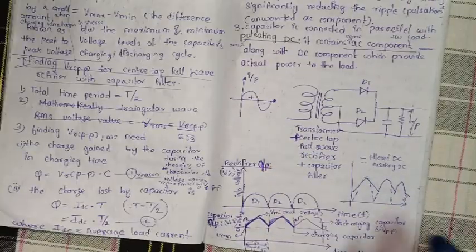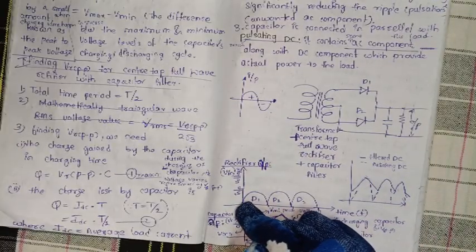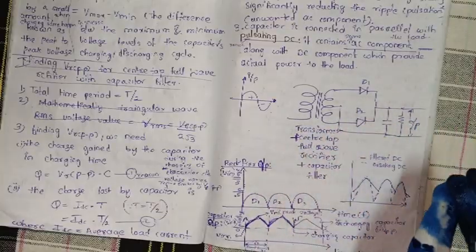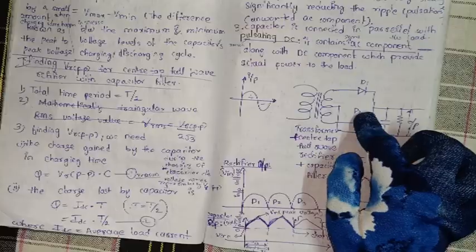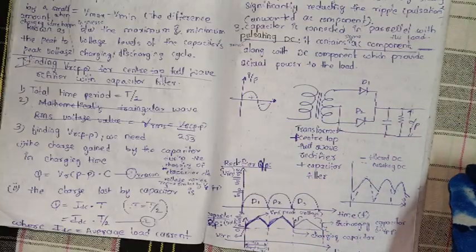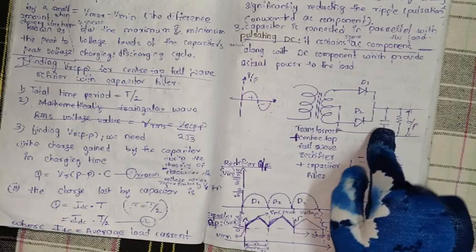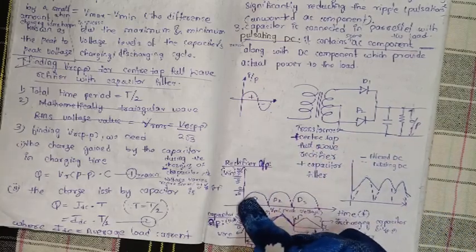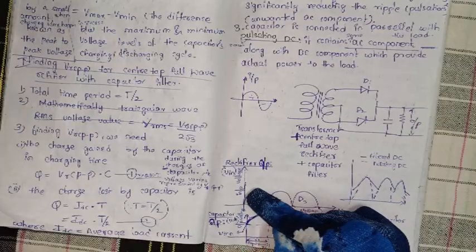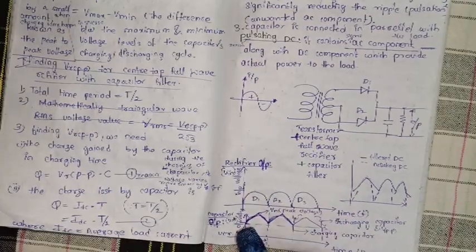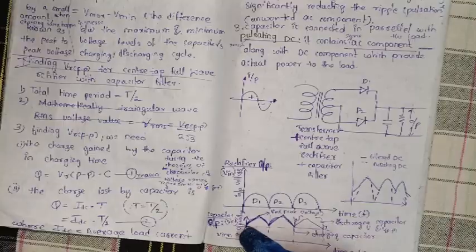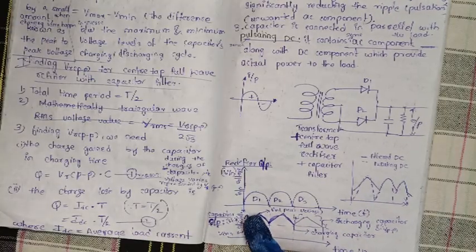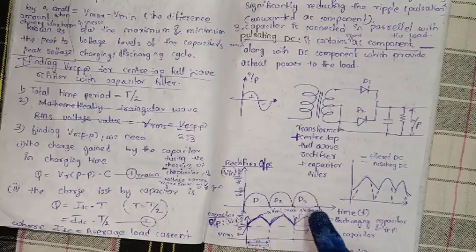So the rectifier voltage is increasing, meaning the diode D1 and D2 voltages are increasing and given to the capacitor. It is increasing like this, and in the capacitor output also the capacitor is charging to its maximum peak voltage.